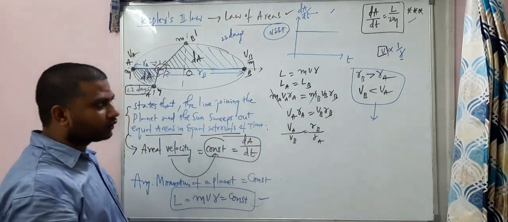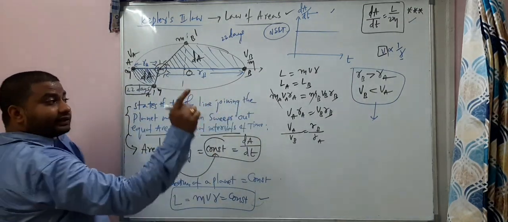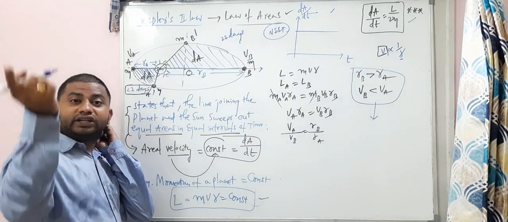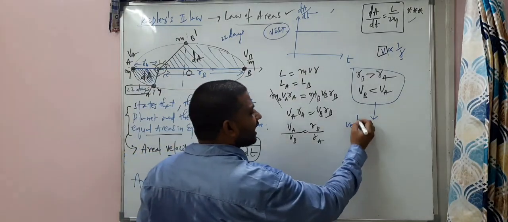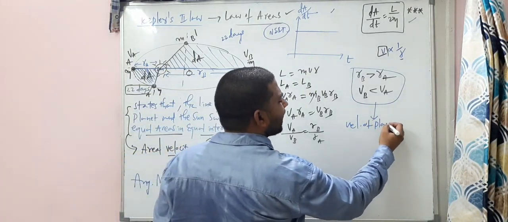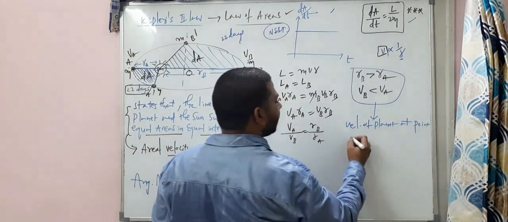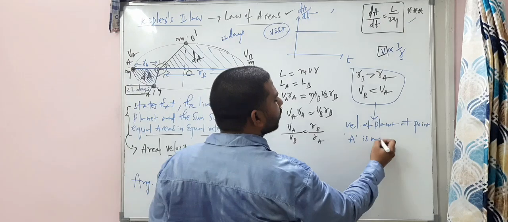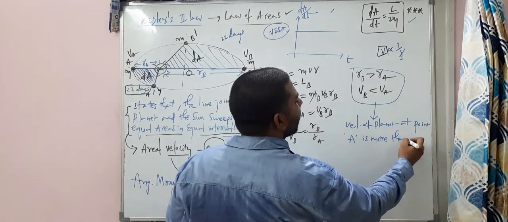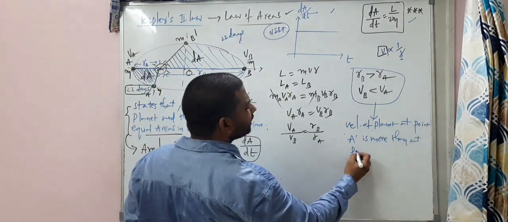According to this, velocity of the planet at point A is more. So, velocity of a planet at point A is more than at point B, my dear students.